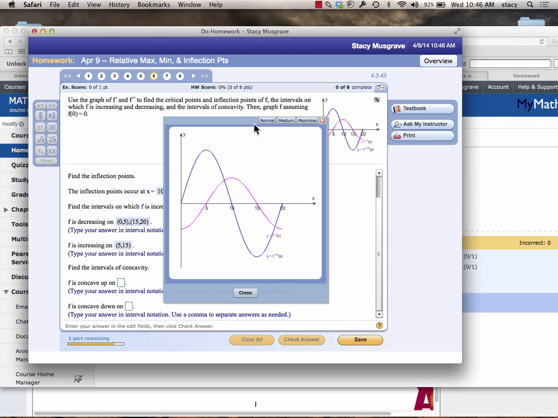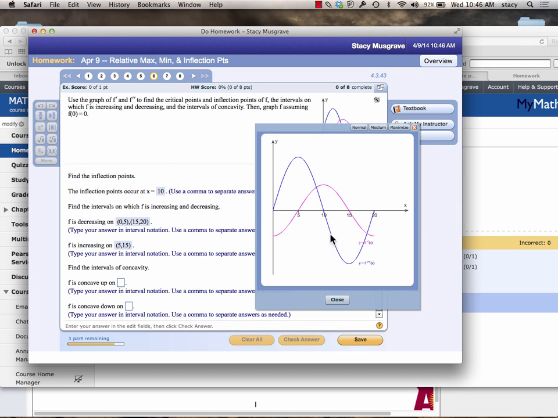Okay, so then concavity. How do we figure out concavity? You're concave up if your first derivative is increasing, or your second derivative is. So the definition of concave up is that your first derivative is increasing.